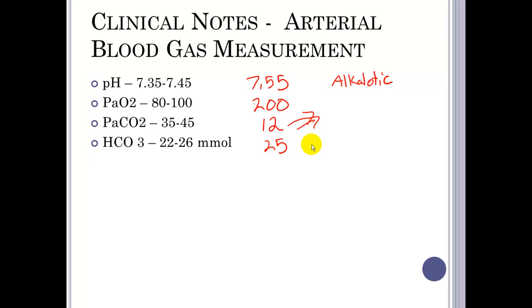They probably are going to be hyperventilating. Does it have anything to do with bicarbonate? This one's normal and this one is dangerously low. So this would be caused by respiratory alkalosis.